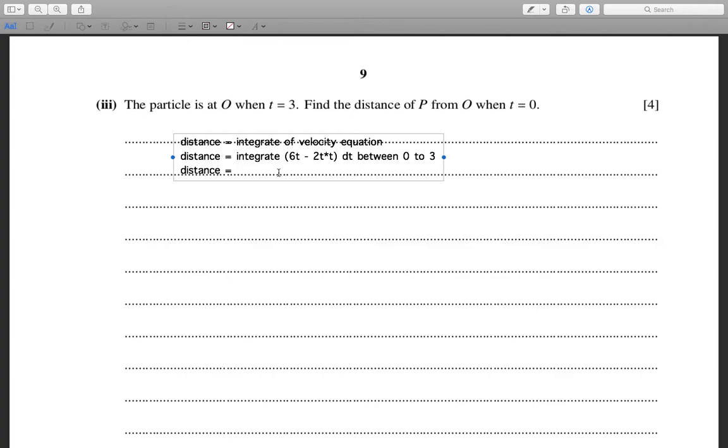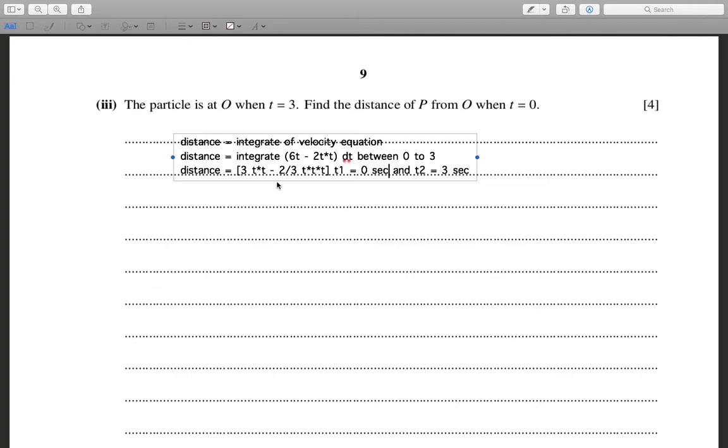Then the integral of 6t is 3t squared, minus 2 divided by 3 times t cubed. With time t1 equal to 0 and time t2 equal to 3 seconds, we substitute t1 and t2.